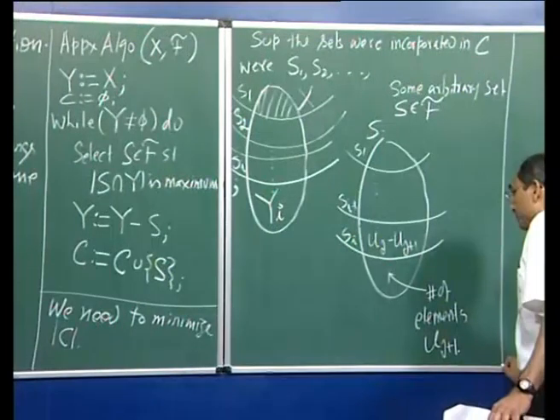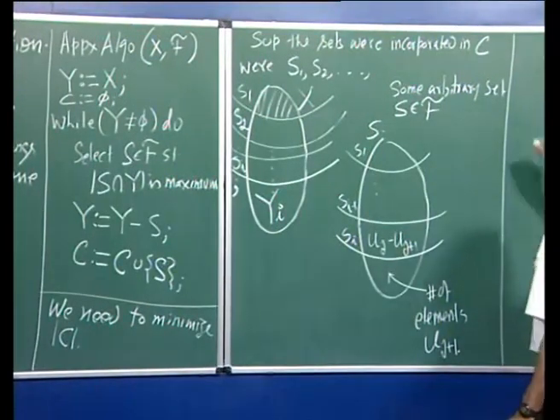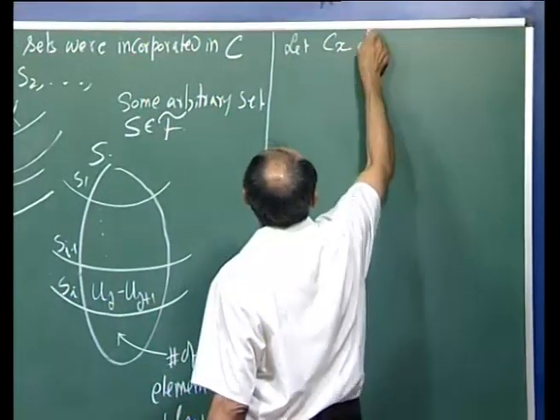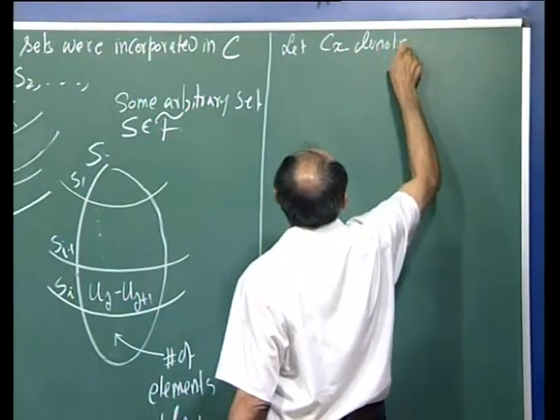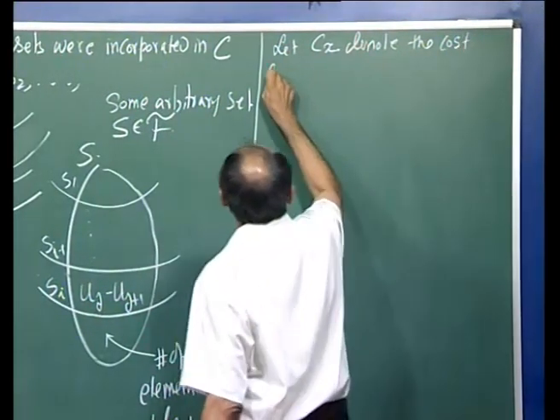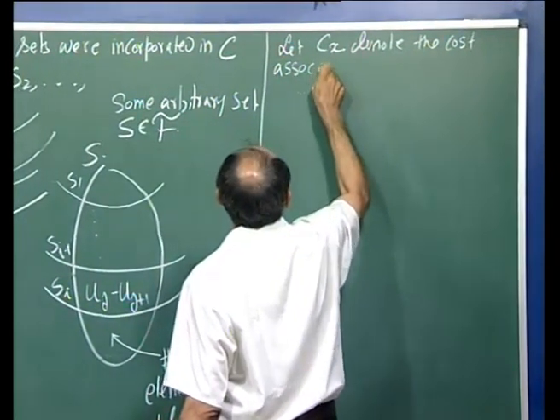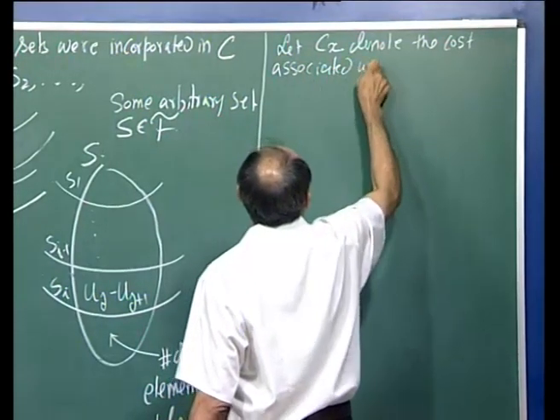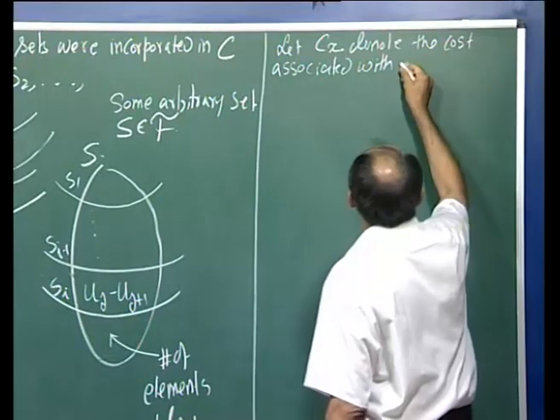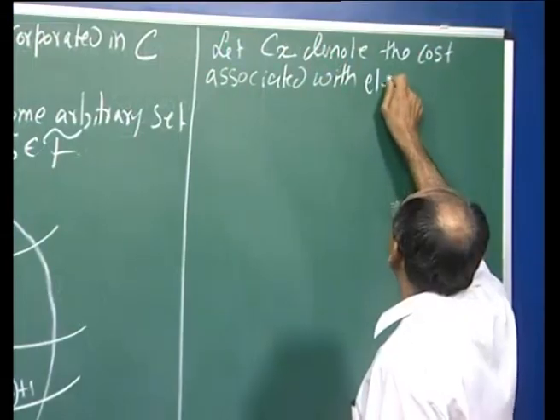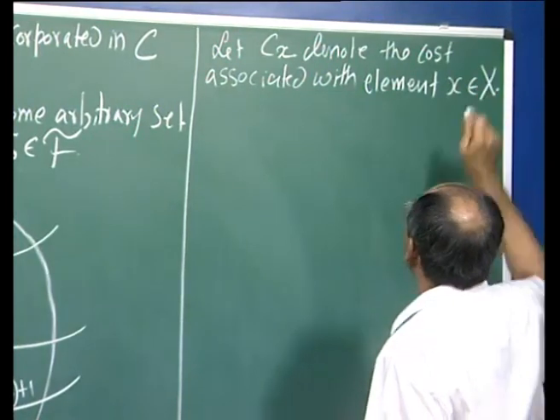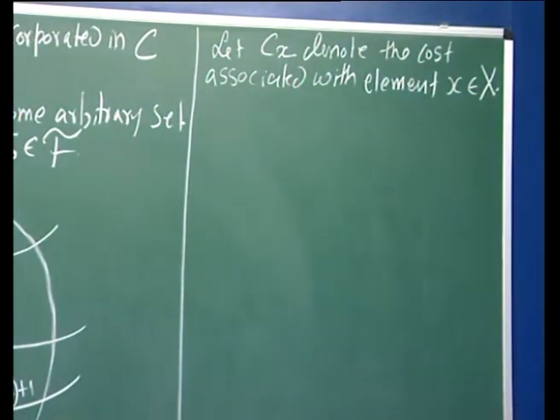One more notation. Let Cx denote the cost associated with element x in X. What is exactly this?